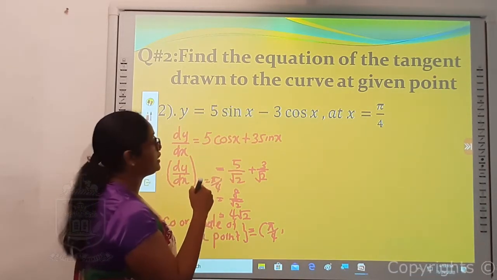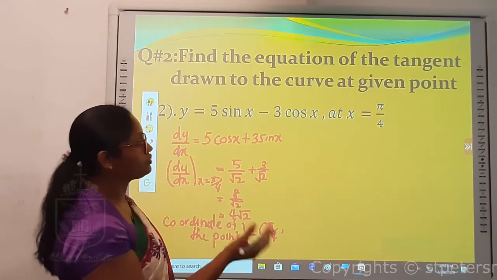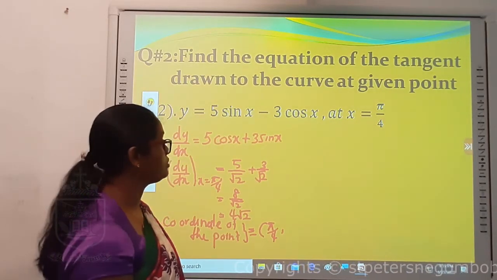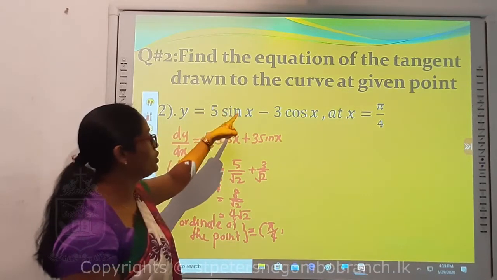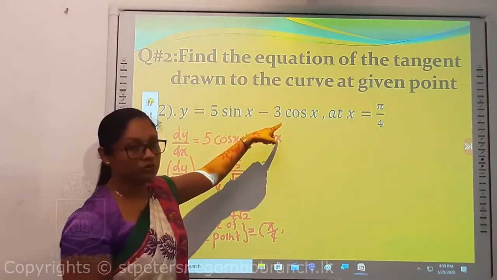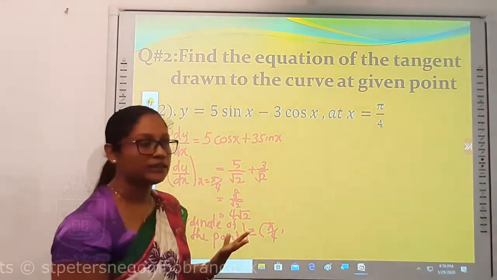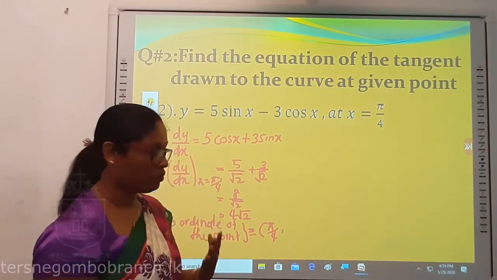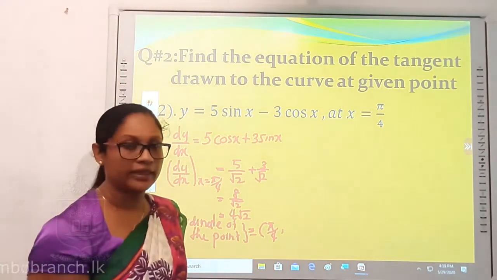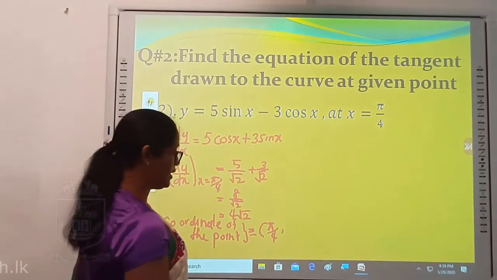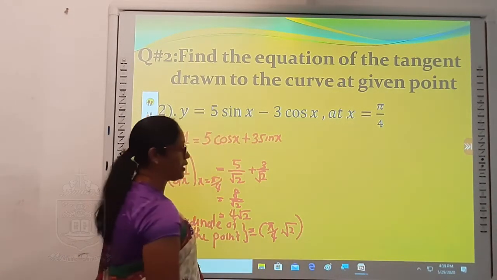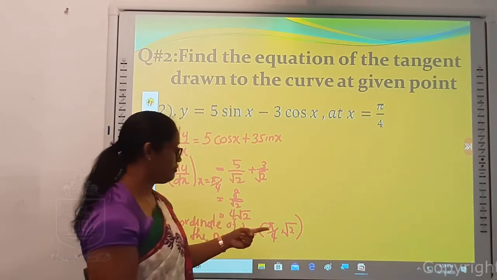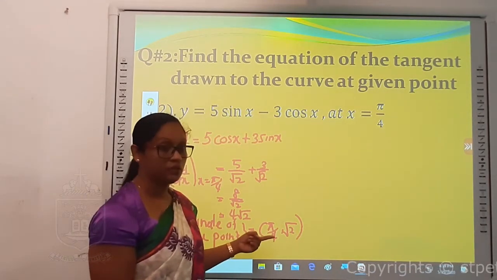So sin 5 by 4, again cos 5 by 4, you know that is 1 over root 2. So if you simplify, this will be 5 over root 2 minus 3 over root 2. So 5 over root 2 minus that will be what? 2 over root 2. 2 over root 2 can be written as root 2, right? So the y coordinate is root 2. Now we have the gradient and the coordinates of the point.